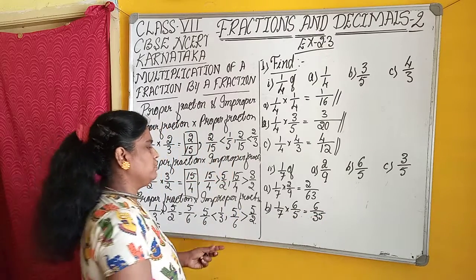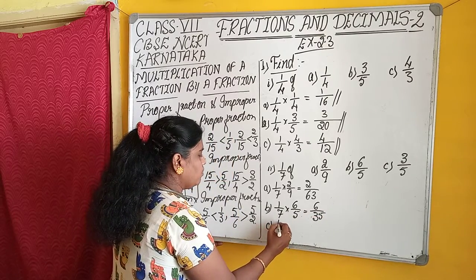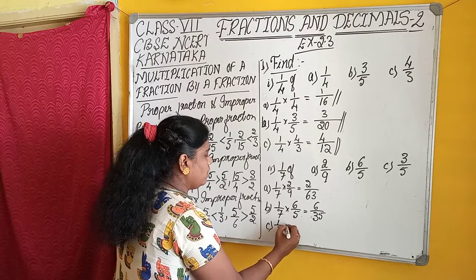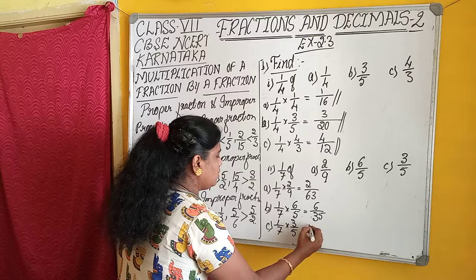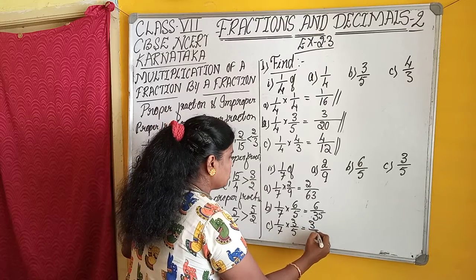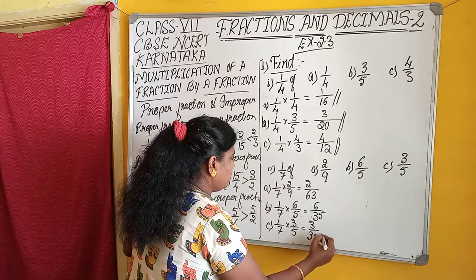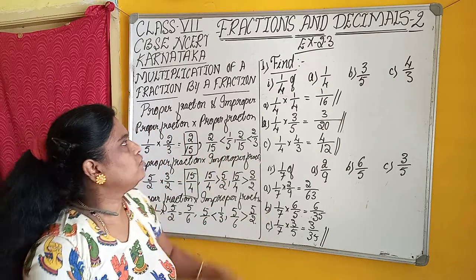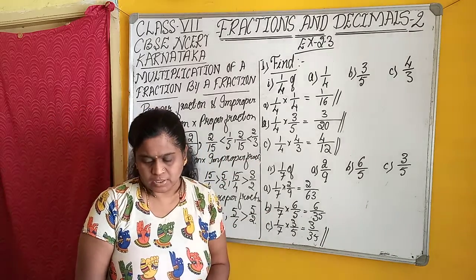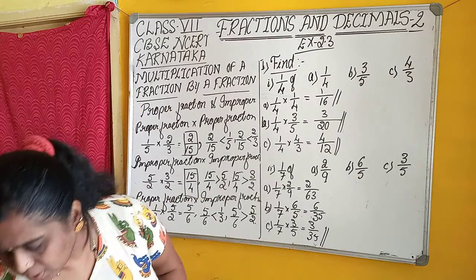The same one, 1 by 7 into 3 by 5 is equals to 3 1s are 3, 7 5s are 35. Okay, students, you got it? How we have to multiply the fractions? Okay, let us move on to the next problems.